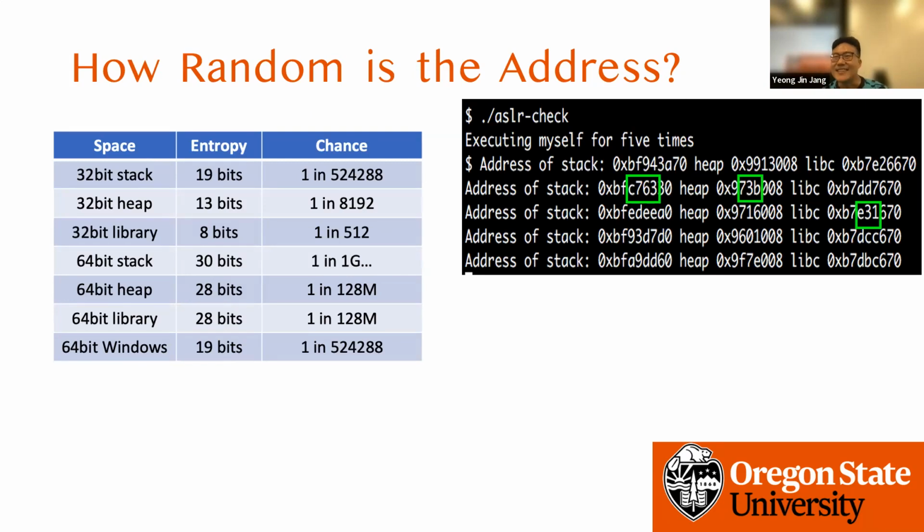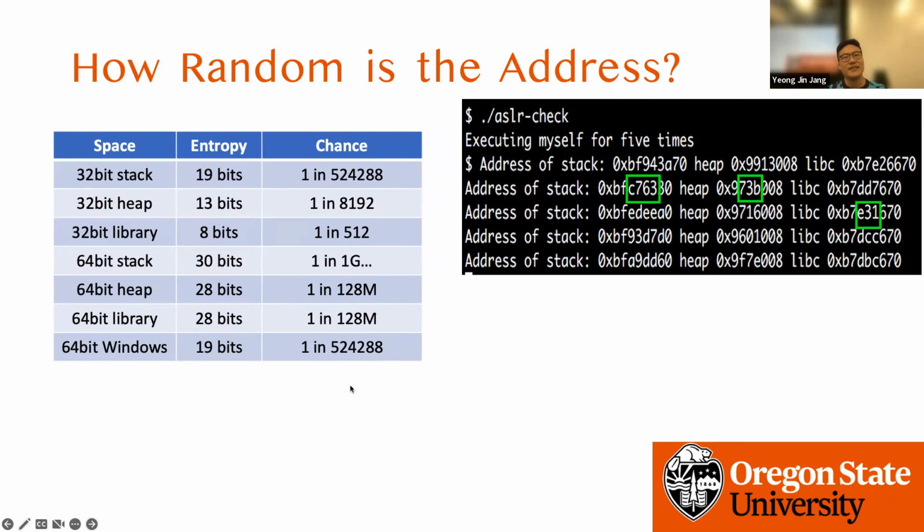In one of the challenges I created, you need to do brute force, and please don't try that on the stack. If you want to do that, better to go to the grocery store to get some lottery tickets. For the heap, they have 28 bits, and even for Windows, the worst entropy with 64-bit computers gives a successful chance of about 1 in 500,000.